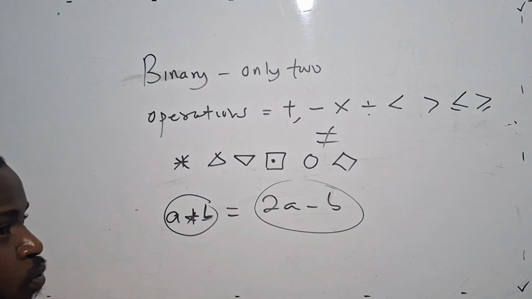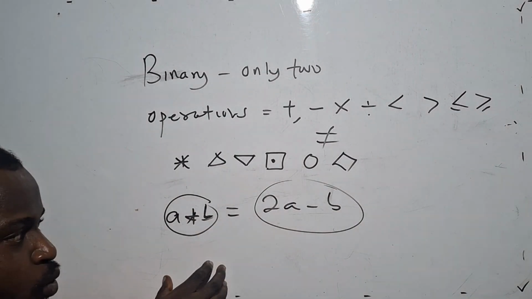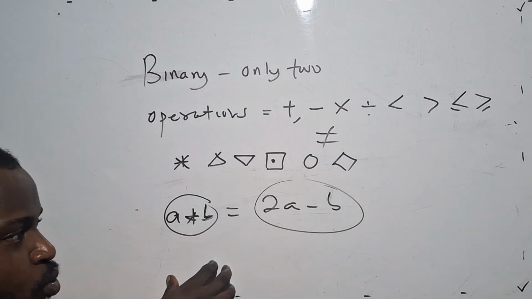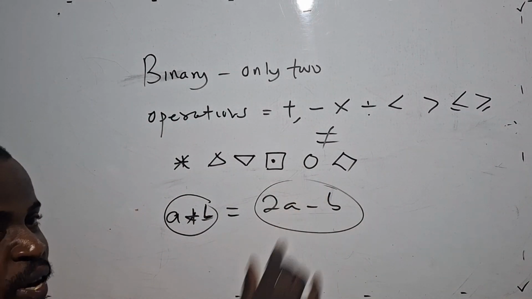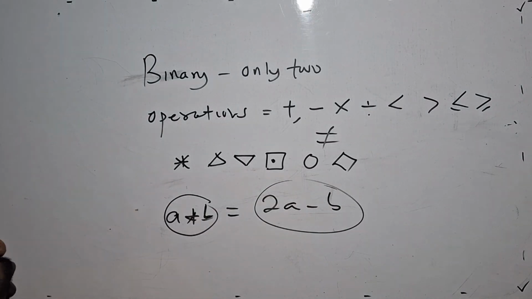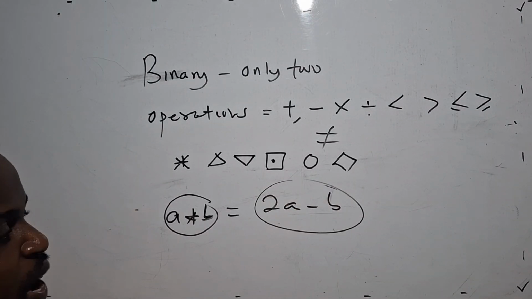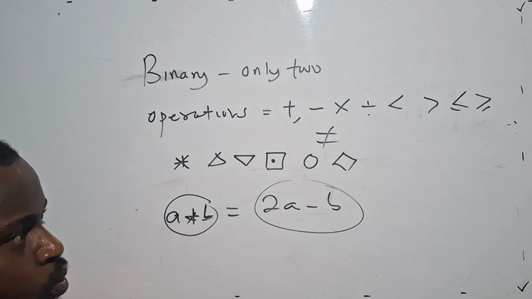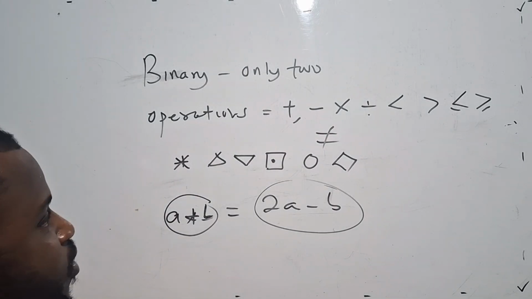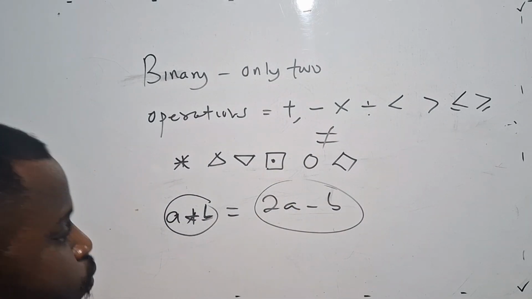So when you are going to solve, you are going to work with the given rule, and you obtain an answer by following this rule. And this is just the introductory lesson on binary operations.